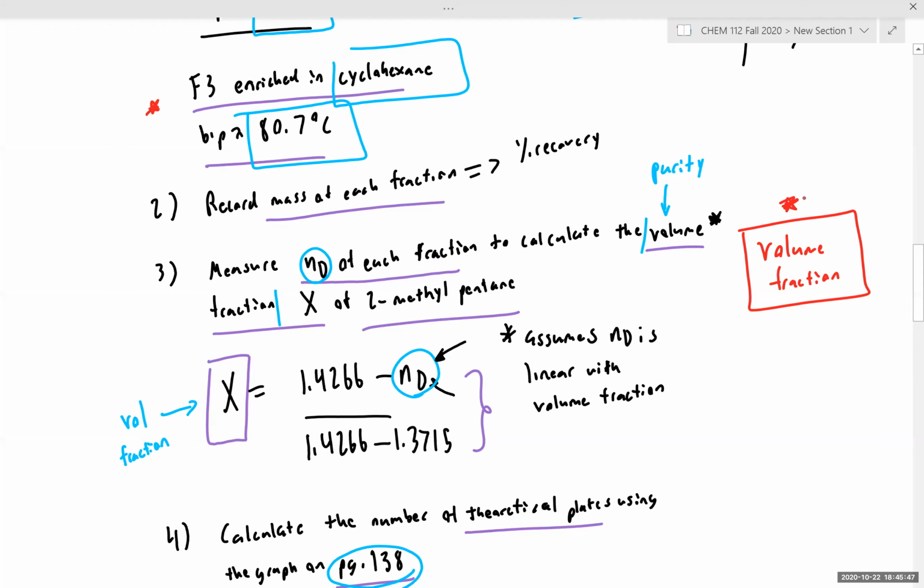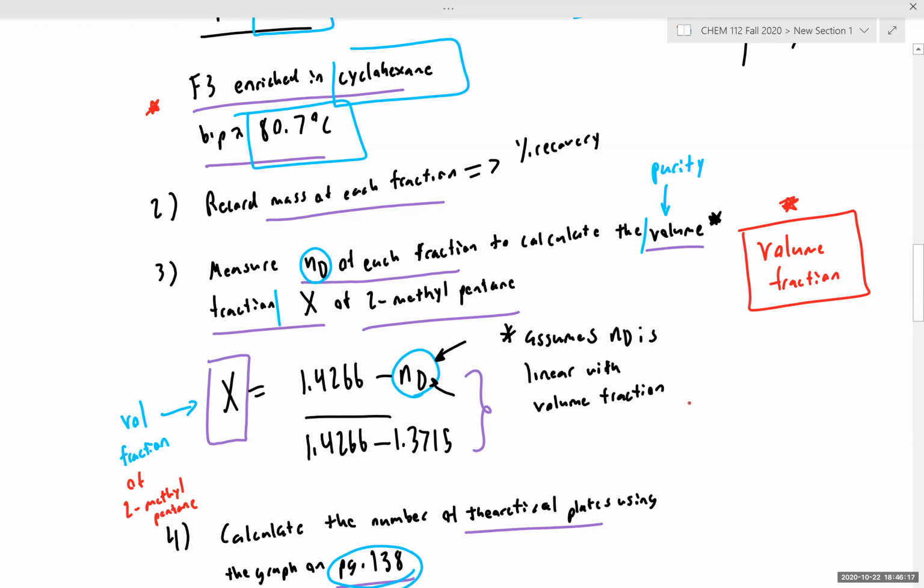Okay? So in your lab manual, there's an equation that specifies that for a mixture of cyclohexane and 2-methylpentane, the volume fraction of 2-methylpentane is equal to the following number minus the refractive index over the following pairs of numbers.